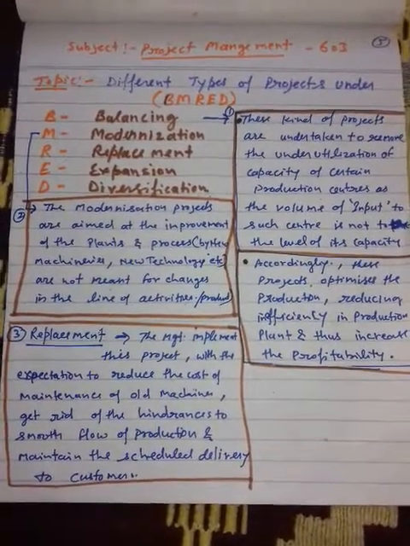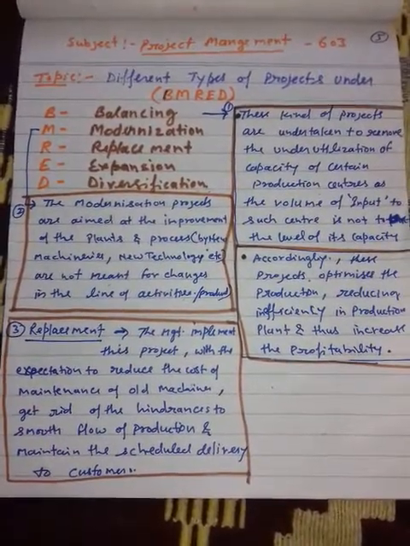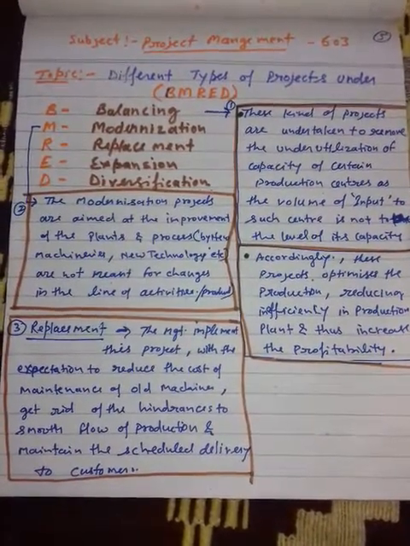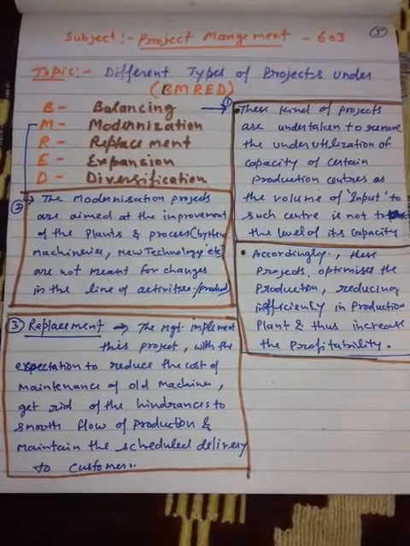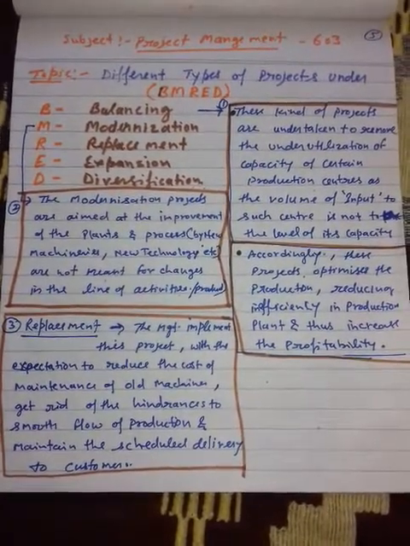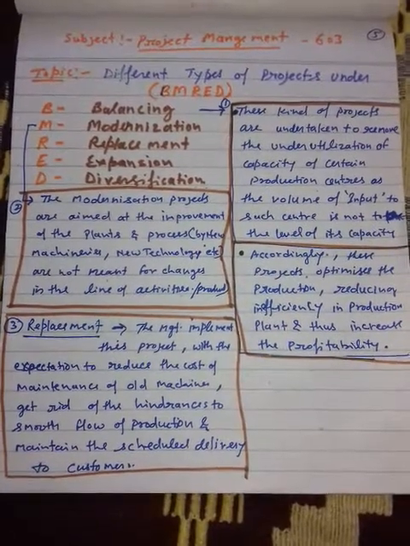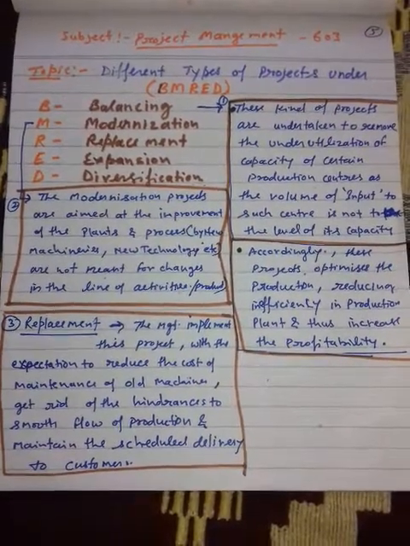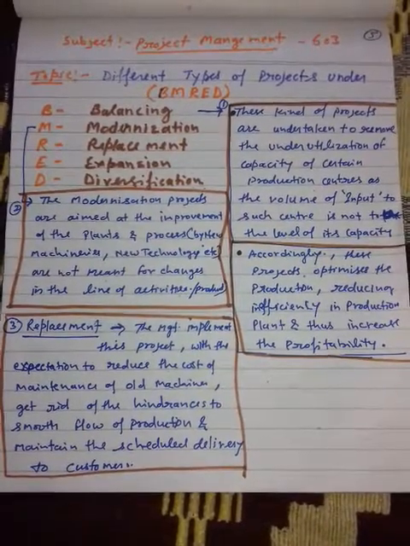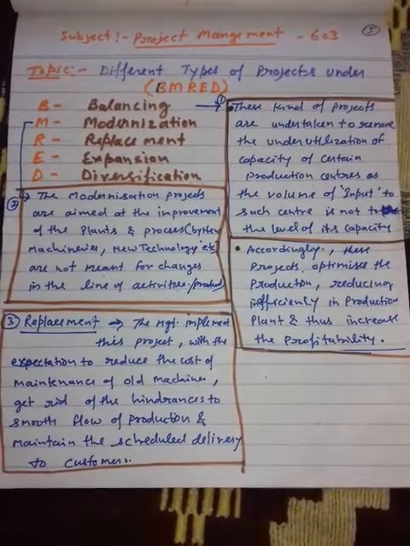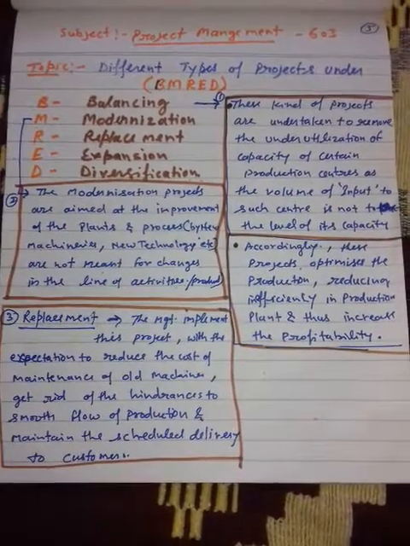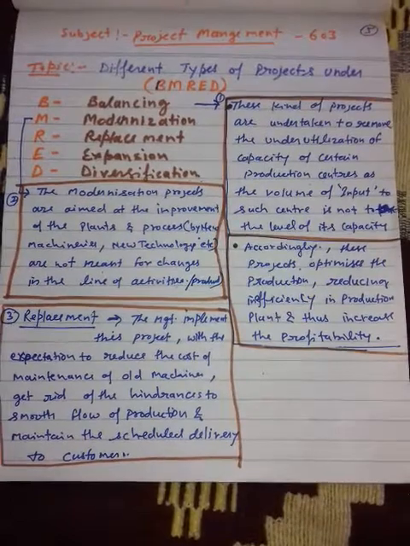Basically, a project is drawn for the installation of additional capacity in the key factor areas, for augmenting or strengthening the capacity of particular areas within the chain of the entire production plant, so that the production capacity of all production centers within the plant is harmonized. It is called a balancing project.